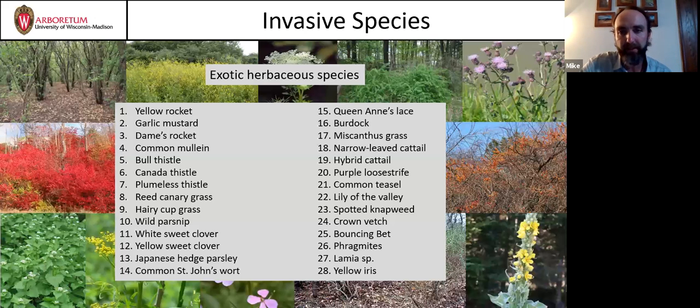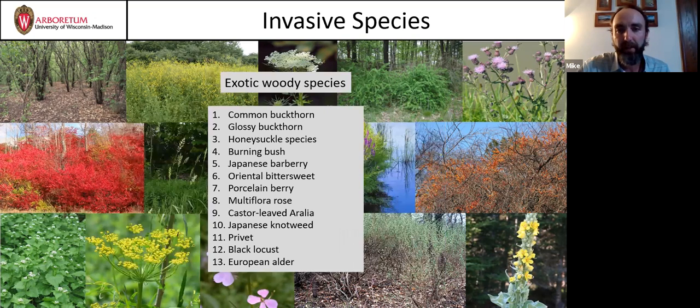At the Arboretum, these are the herbaceous species that we deal with usually on an annual basis. Some of these are probably familiar to you. Some of them might not be, but we're looking for these pretty much every year at the Arboretum. And then there's a number of woody species that we manage at the Arboretum too.